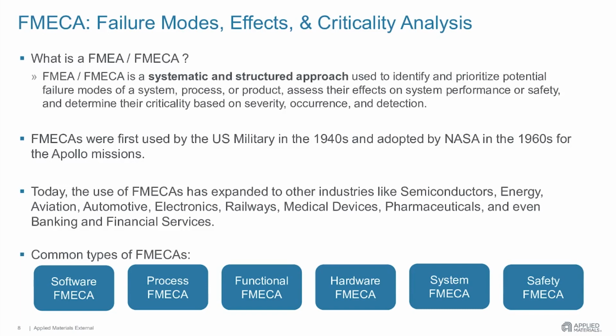The definition for FMECA is a systematic and structured approach used to identify and prioritize potential failure modes of a system, process, or product, assess their effects on system performance or safety, and determine their criticality based on severity, occurrence, and detection. And this determination of the criticality based on severity, occurrence, and detection is what makes a FMECA quantitative, because we do use numbers and rankings to generate a score.